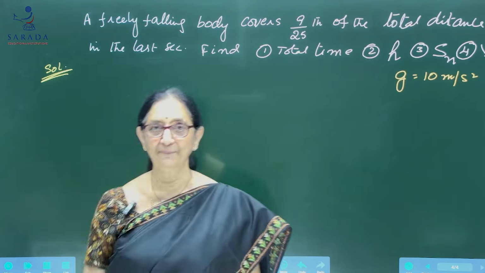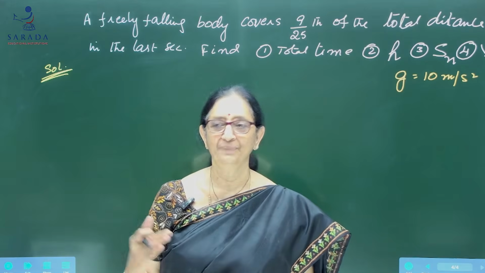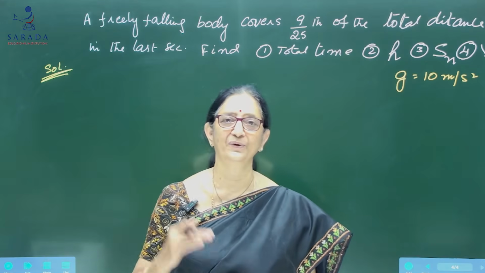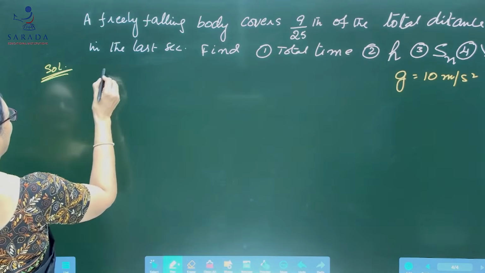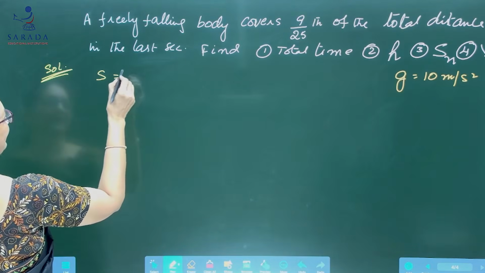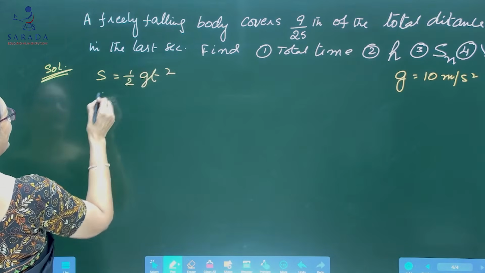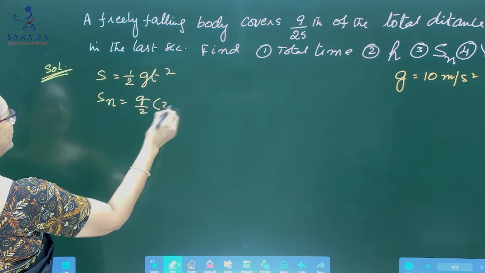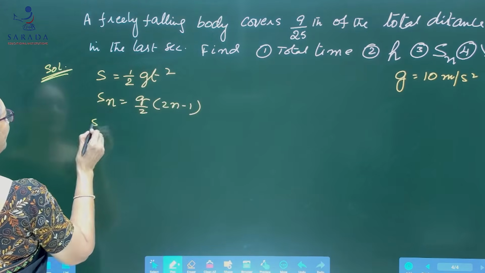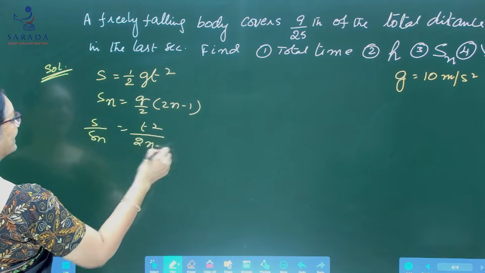If you remember the synopsis, we can directly go to the formula S by Sn is equal to n square by 2n minus 1. See here, displacement in time t is half gt square, displacement in the nth second is g by 2 into 2n minus 1, from which S by Sn is equal to t square by 2n minus 1.